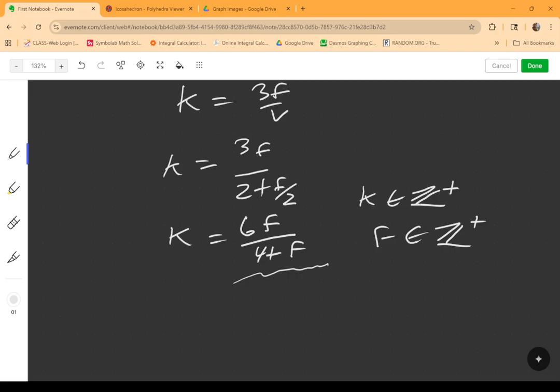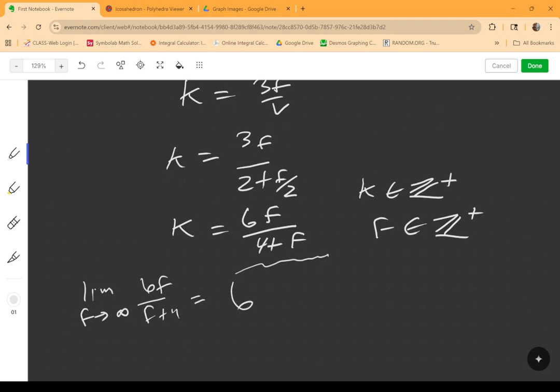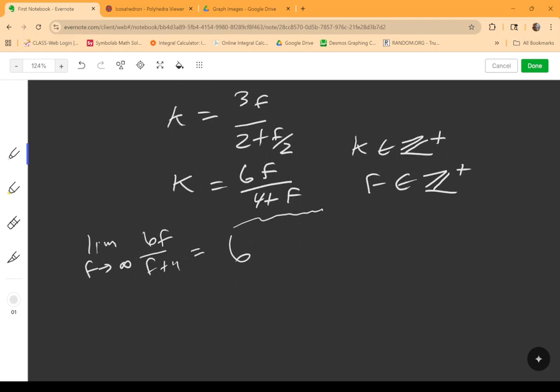If we recall our limits, the limit as f goes to infinity of 6f over f plus 4 is equal to 6. So we're limited to k being 3, 4, 5. It never truly becomes 6; 6 is just the upper bound here.